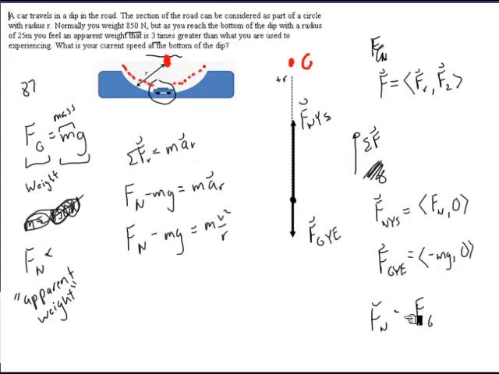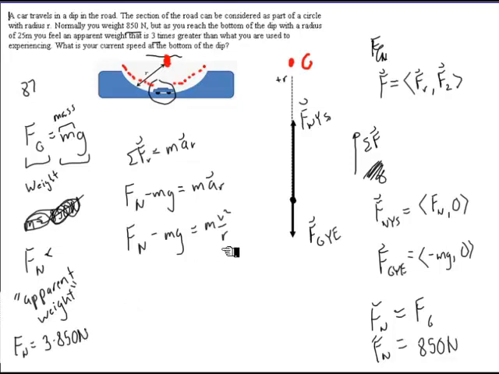If you're not accelerating, these two are equal. And I tell you that this is 850 newtons. I tell you your weight is 850 newtons, so you're used to experiencing an apparent weight of 850 newtons. So if I'm telling you it's 3 times greater than that, I'm telling you that Fn is equal to 3 times 850 newtons.